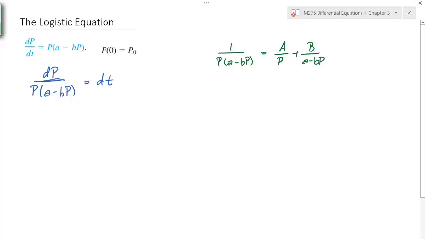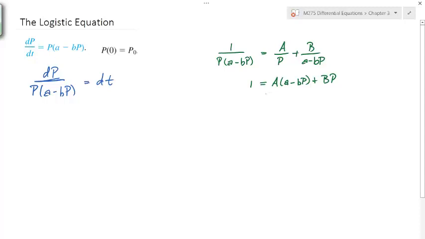and we just want to remind ourselves that p is our variable. So if we find common denominators, the numerators would look like 1 on the left hand side, and A times (a minus bp) plus capital B times p.